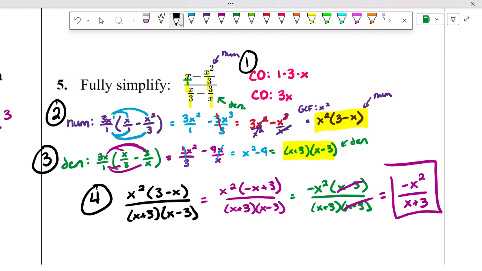So if you divide both of these by 2x, what are you left with? 2x on the outside. X and 2. What else do you have? So that's your factor, and you do the same thing for the denominator.